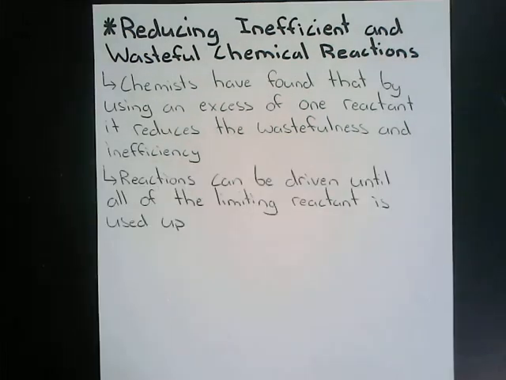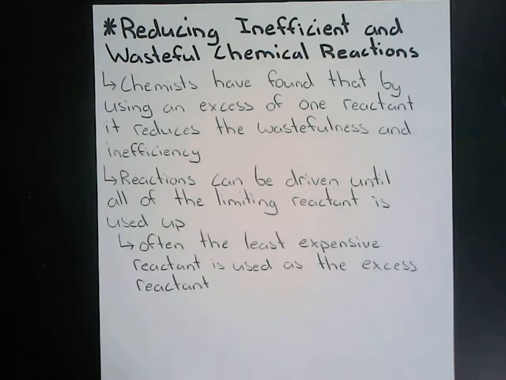And usually what they do is they use the least expensive reactant to be this excess reactant. So by having an excess reactant and choosing it wisely, usually the one that's more cost effective, this can also help speed up a reaction, which can make the reaction more efficient.